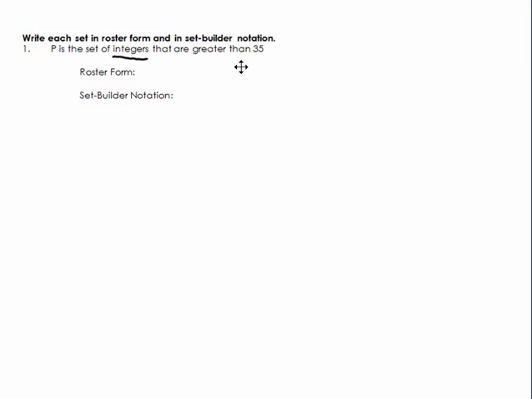Well, there's an infinite amount of integers bigger than 35, so we need to be real careful with the way we say what we say here. But P is equal to, now I need to be able to show integers bigger than 35. So we start with 35. Well, 35 is not bigger than 35, so we have to say 36. And then we get to 37.